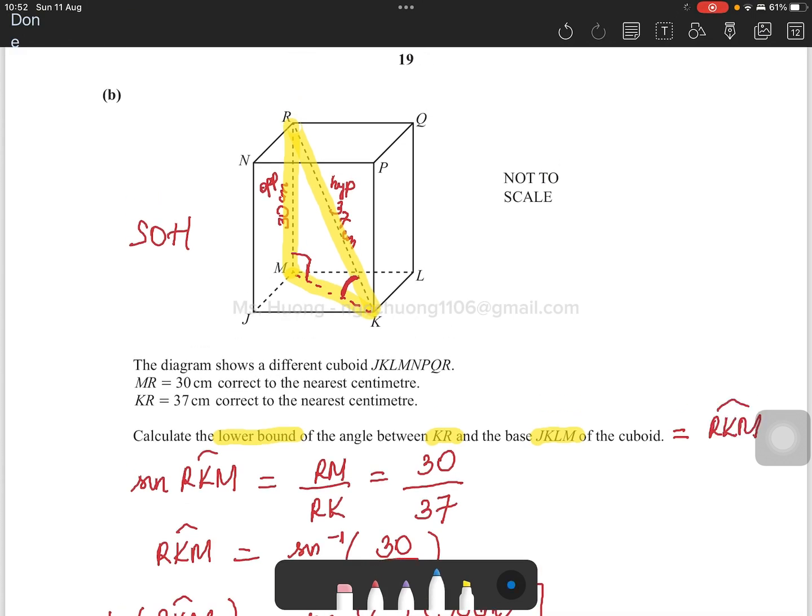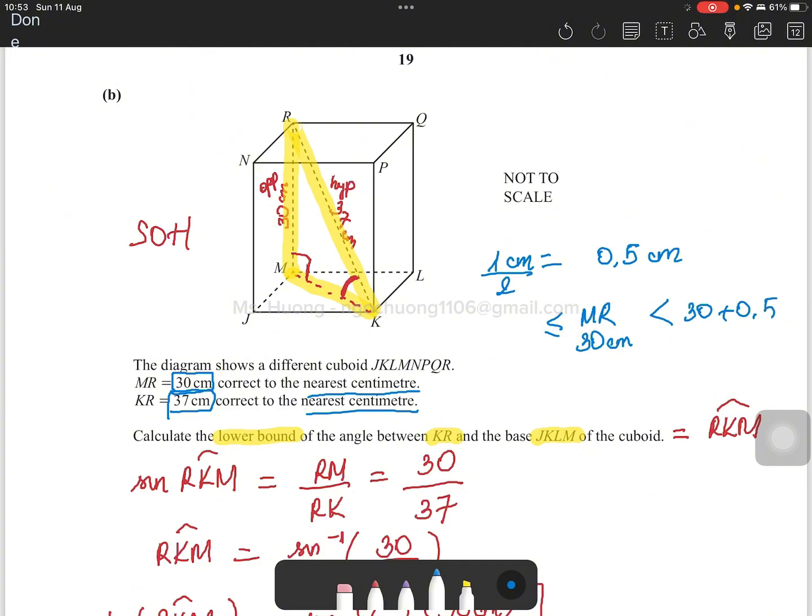So let's check this one. MR is 30 centimeters, correct to the nearest centimeter, and KR is also correct to the nearest centimeter. So we divide 1 centimeter by 2. So the answer is 0.5 centimeters. So for MR, 30 centimeters, we will add and subtract 0.5 to this. 30 plus 0.5 and 30 minus 0.5.